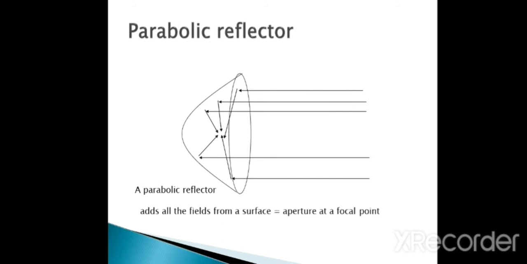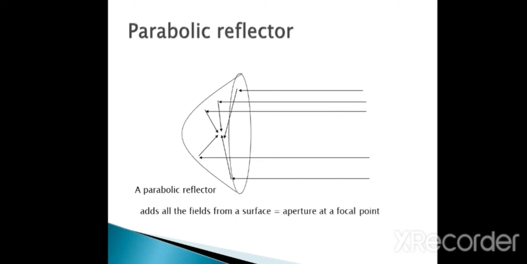Whatever waves are excited from the focal point, either by a horn antenna or a dipole, generally a horn antenna is taken as the feed for the parabolic reflector, because it gives maximum efficiency compared to the half wave dipole. Once excited, the rays are emitted towards the rim of the reflector.